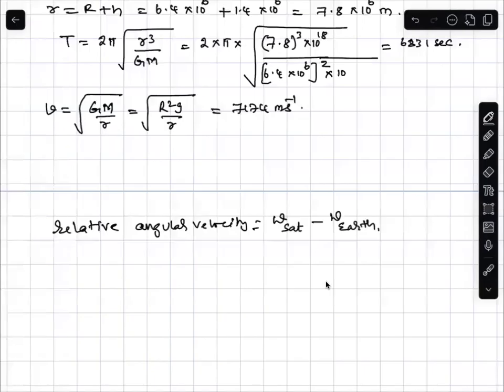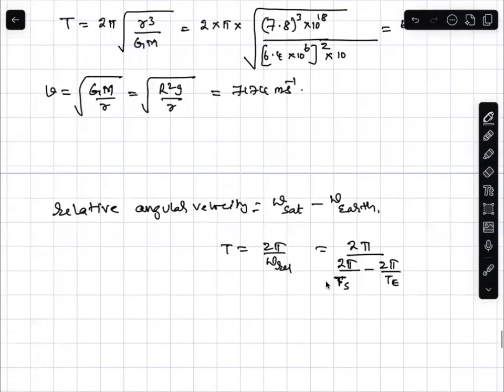Fine. So if I am stationary, I see that relative angular velocity is so and so. That is the angular velocity. The time period T is 2 pi by omega relative. Which means T equals 2 pi by, 2 pi by time period of satellite minus 2 pi by time period of rotation of the earth.